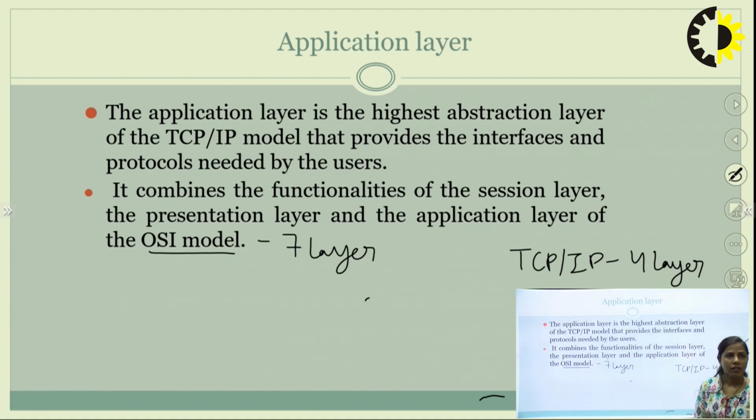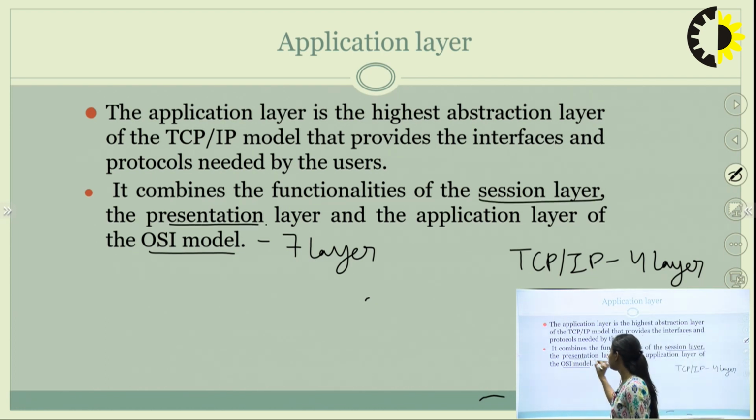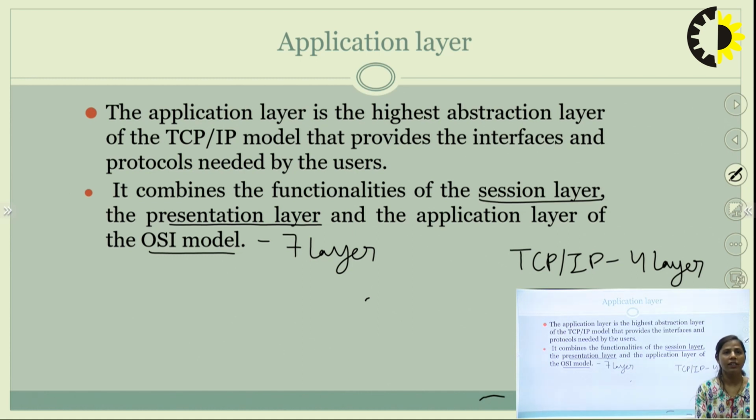The application layer is the combination of the session layer and the presentation layer. It involves the functionality of the session layer and the presentation layer of the OSI model. What should be presented, what output should be shown to the user, what final data you have to show the person, and what session is involved, meaning the time duration for which to show it, these are involved under the TCP/IP model.